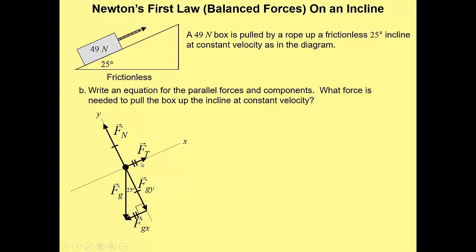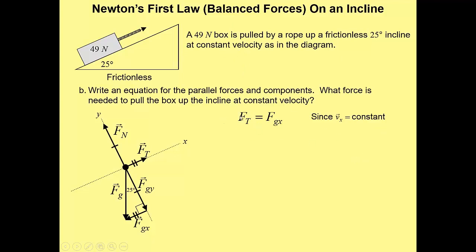How much force do we need to pull the box up the incline at constant velocity? Well, since the force of tension acts parallel to the incline, right, I want to write the equation for the parallel forces and components, and we already did that, right? We know that the force of tension has to balance out F_gx because the parallel velocity is constant. The x velocity is constant because it says that in the problem.